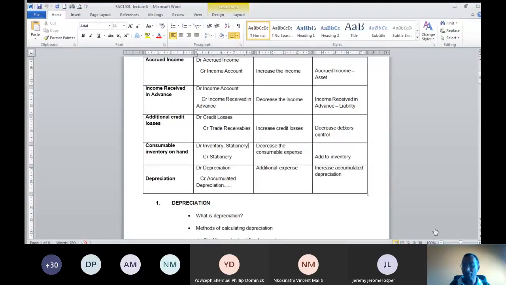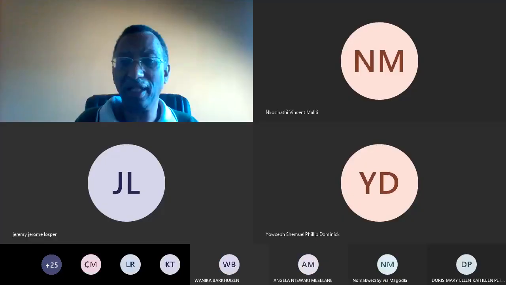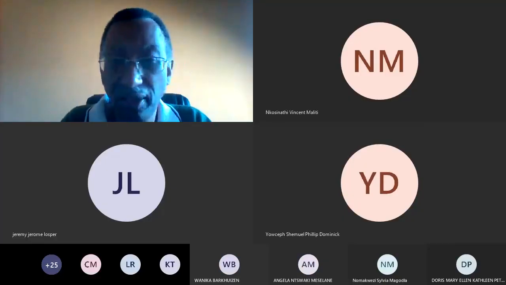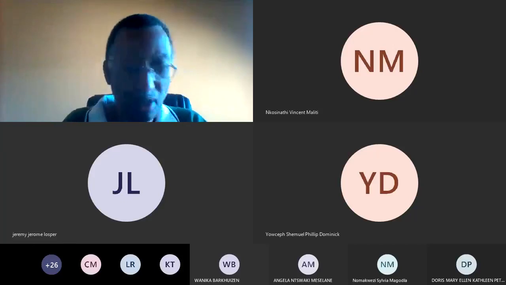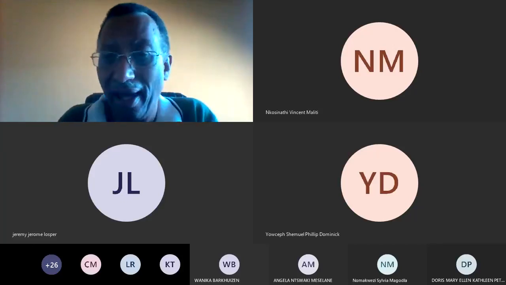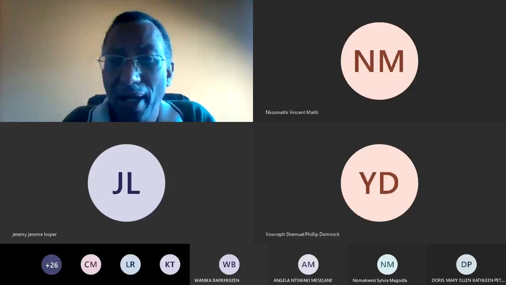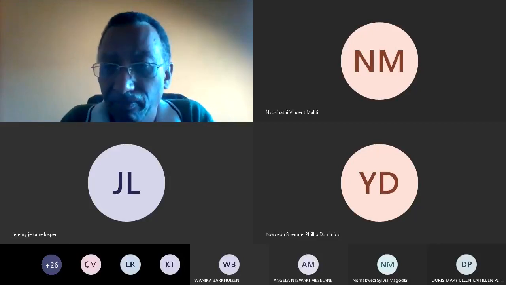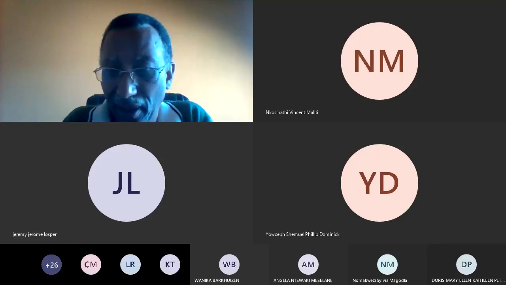Right, guys. The next adjustment that we are dealing with here, guys, is our adjustment called consumable inventory on hand. This will refer to items such as stationery and packing material. So what happens is that at the end of the financial year, you may have stationery still left or packing material still left.